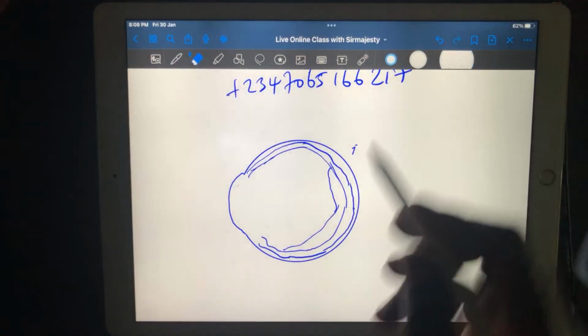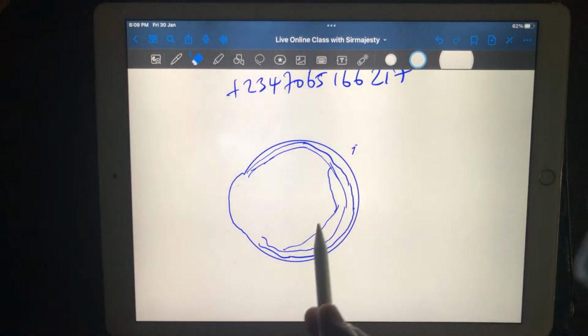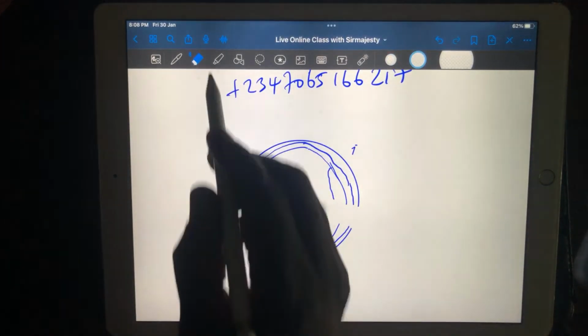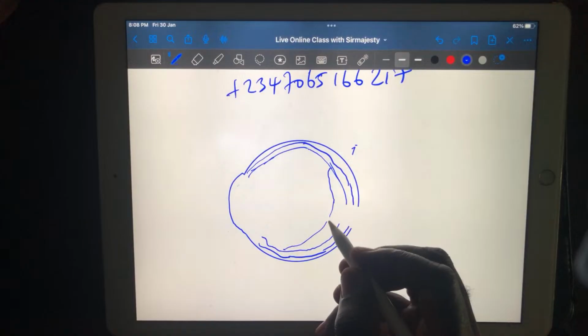Then, to show the departure of the nerve called optic nerve, we will have this.